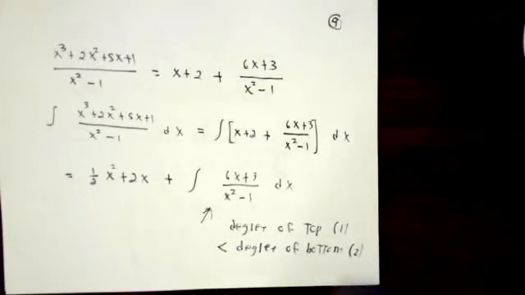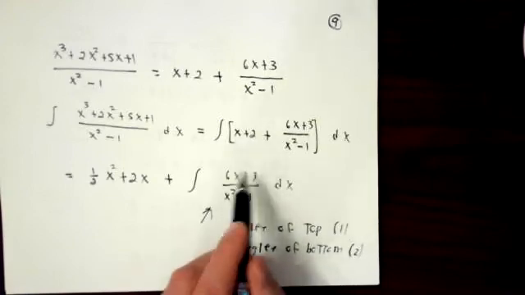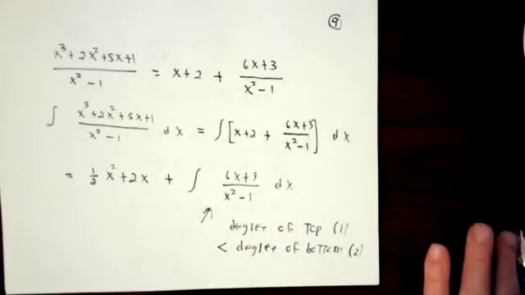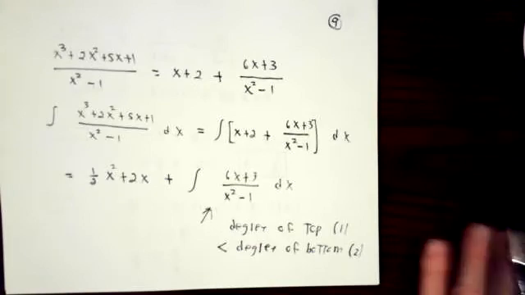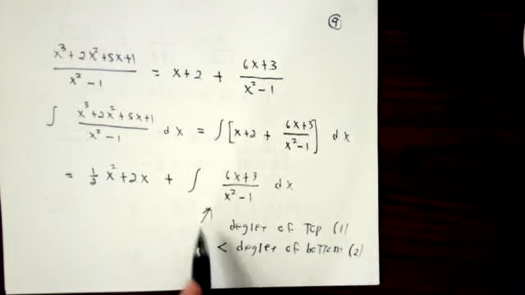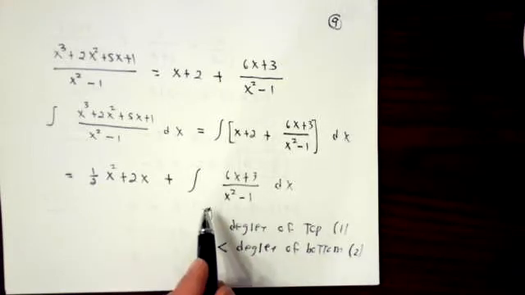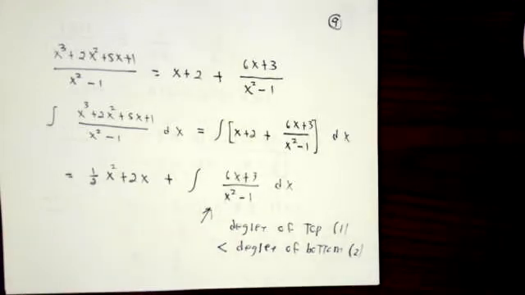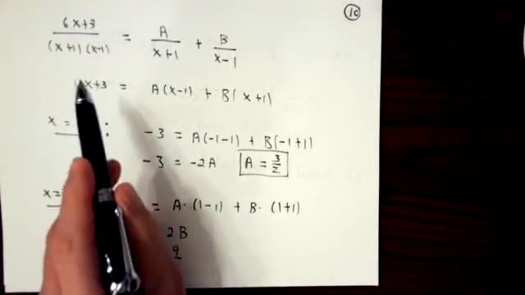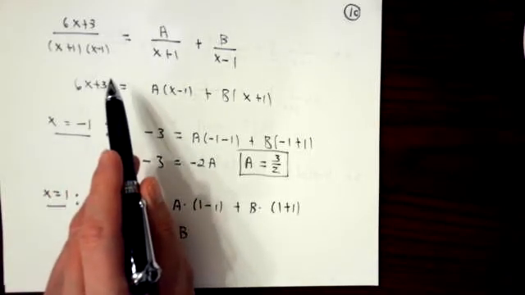In what remains, I've got a quadratic on the bottom and a first degree polynomial on top. So if I can factor this denominator, then I can go back and do my partial fraction thing again. We'll figure this out, and we have to remember to include this part as well. But x squared minus 1 is x plus 1 times x minus 1. I'm going to multiply through by x plus 1 and by x minus 1.